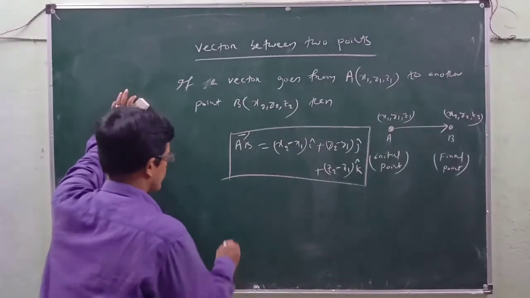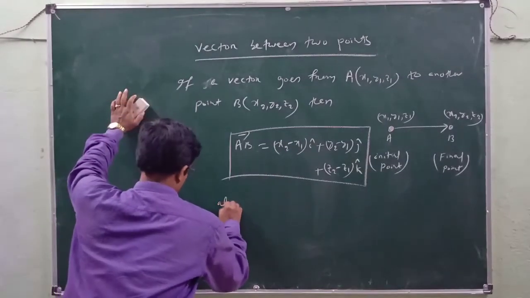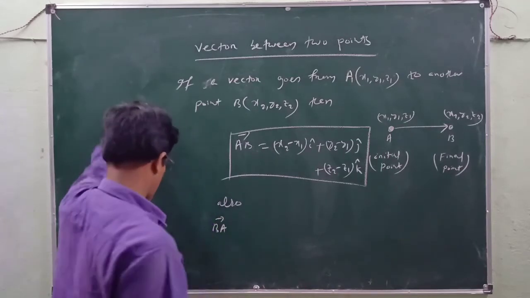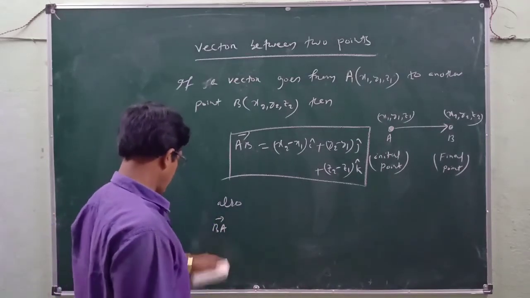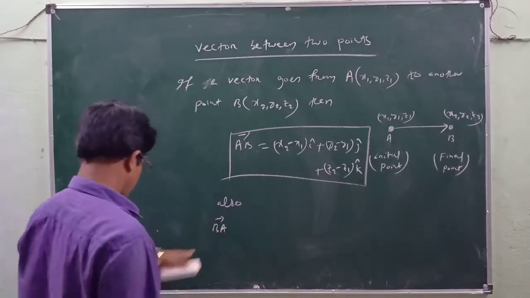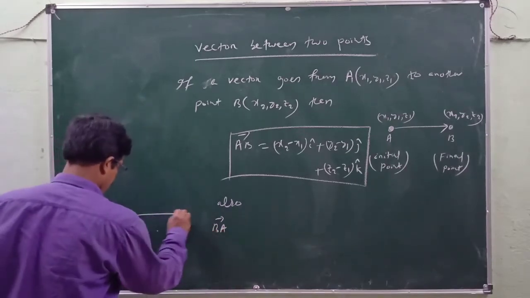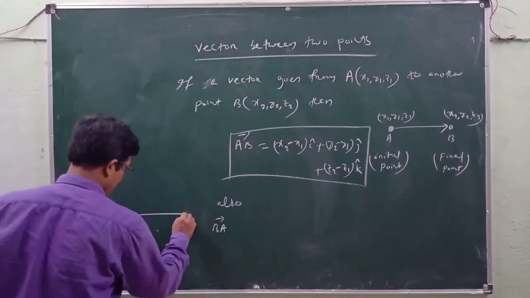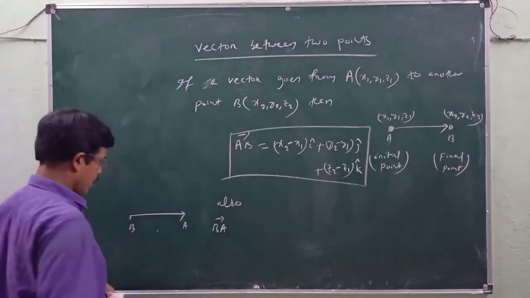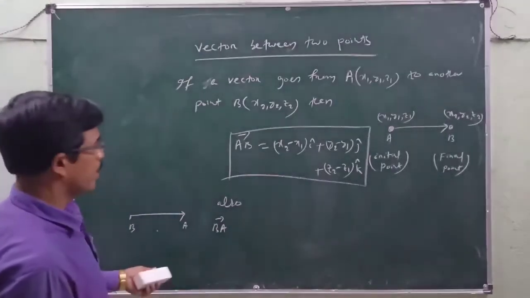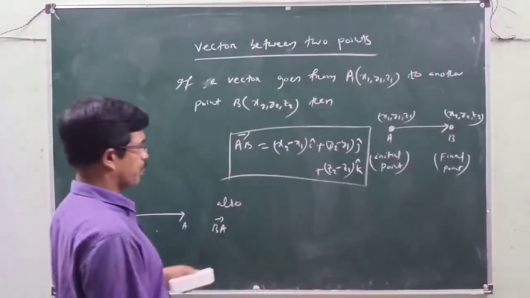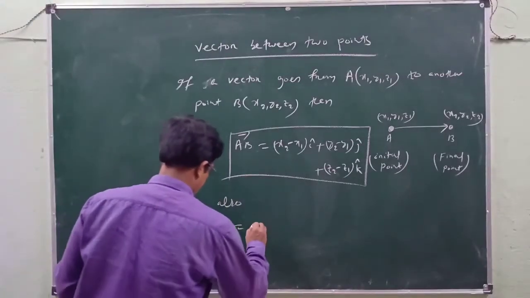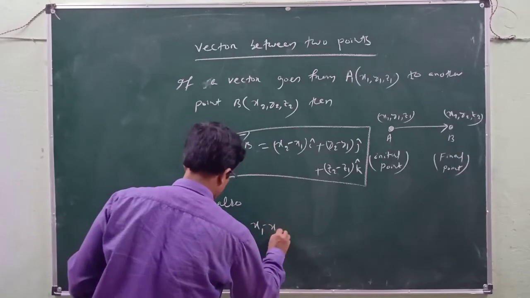Similarly, also if we are asked to find BA vector, now look, in BA, B is the initial point and A will be the final point. Okay, then its value will be, if you take this step, here it will be x1 minus x2.